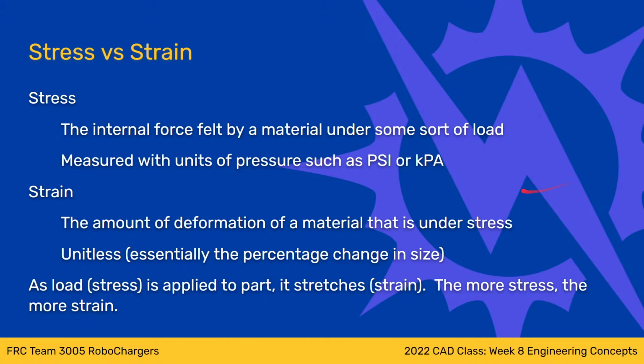And so if we're linking back to that last slide that we looked at, where we're talking about the cross-sectional area of a part, you can understand why we measure stress in units of pressure, right? Because that force is spread out across the cross-section of a part.